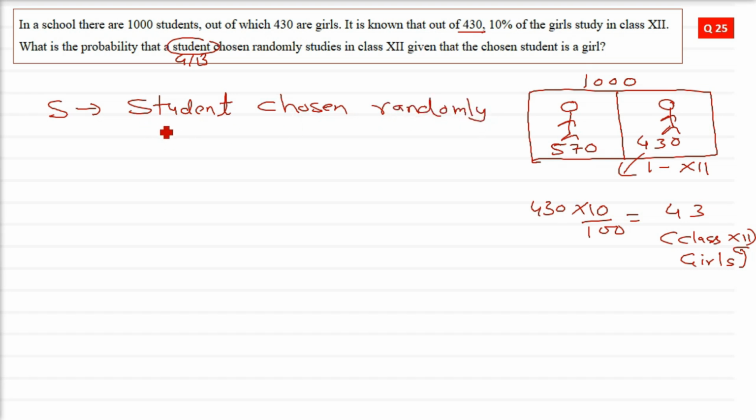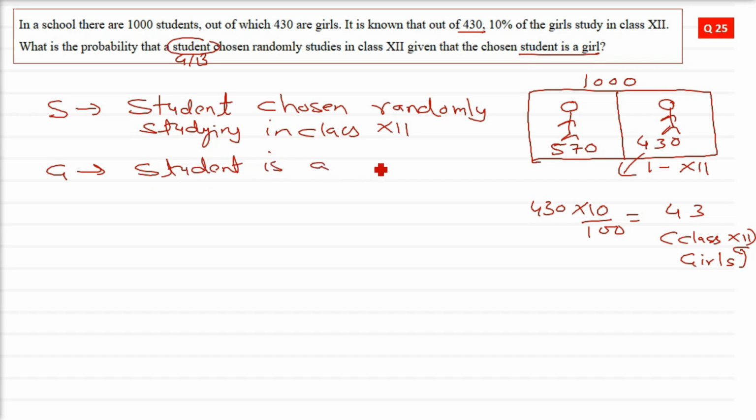Again, it can be a girl, it can be a boy. So S is the student chosen randomly studying in class 12. First, it is known that it is a girl, so we are making G. G is that the student is a girl. So P(S by G) is a conditional probability. That's how S by G will be computed.